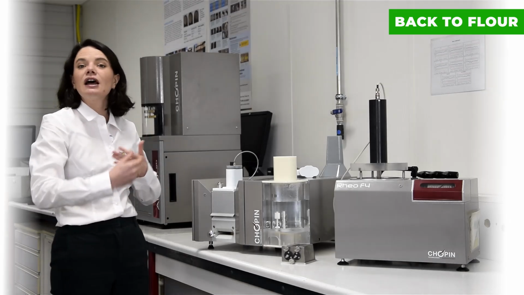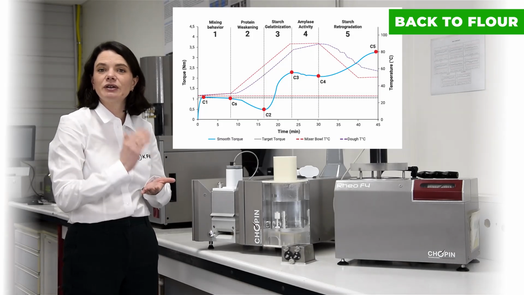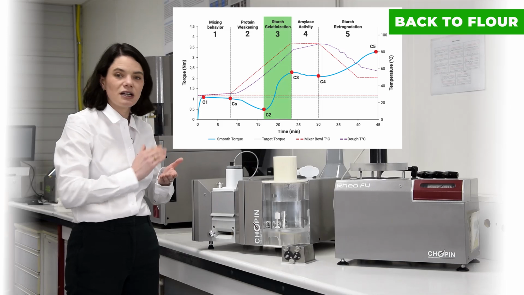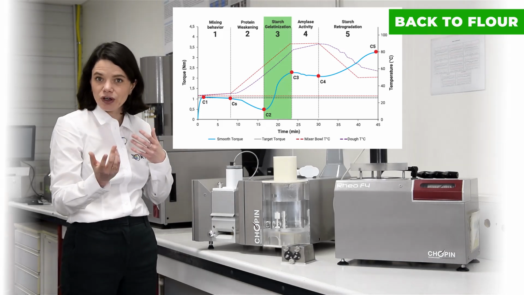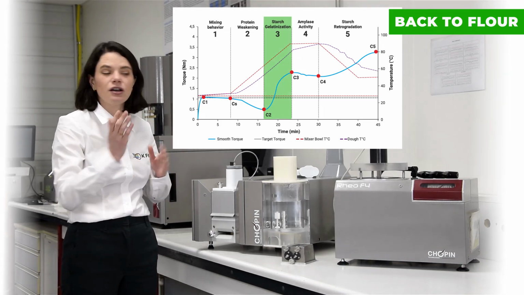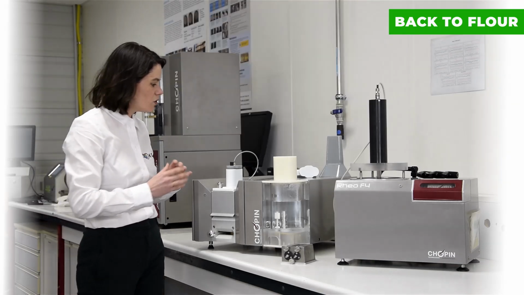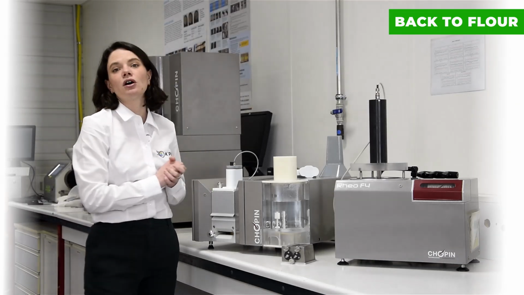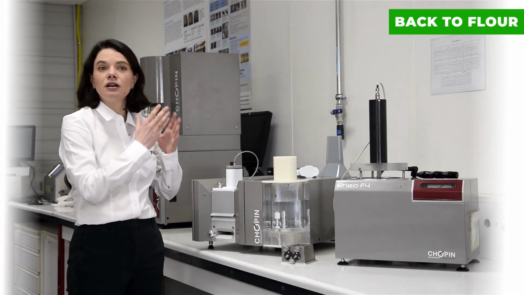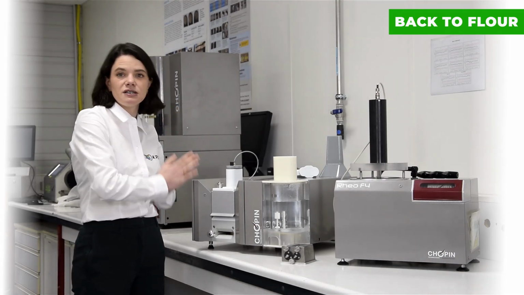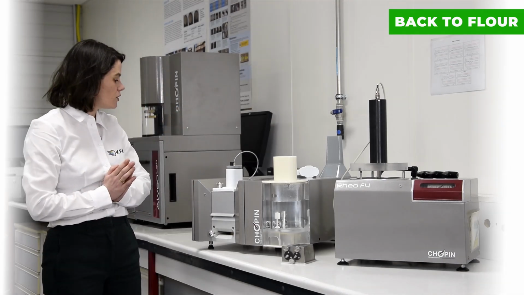First mixing, and then we start heating the dough, and we can see the starch gelatinization in zone 3: its intensity, when it appears, at what temperature exactly. So that's definitely the best solution to understand the impact of starch viscosity on your production.